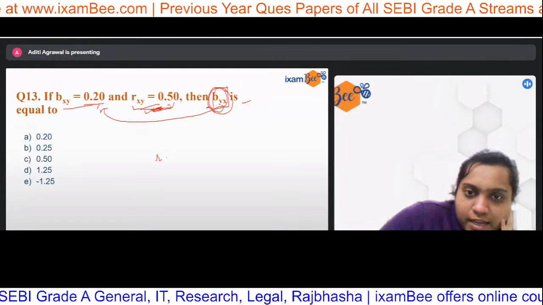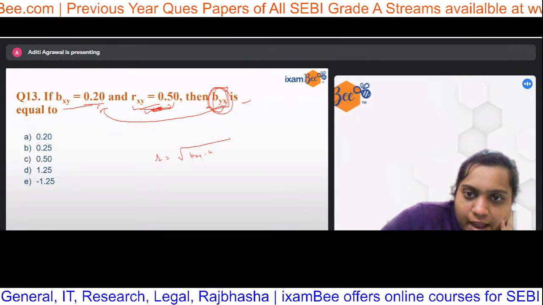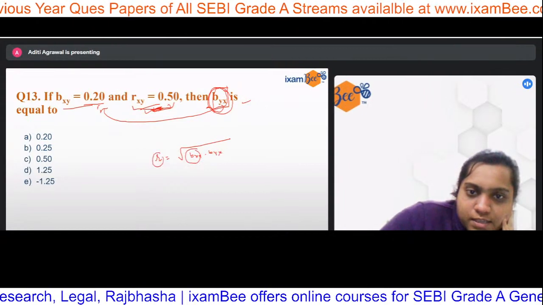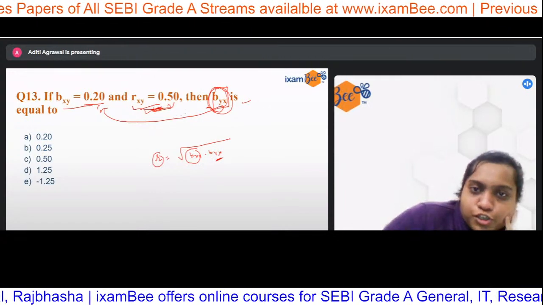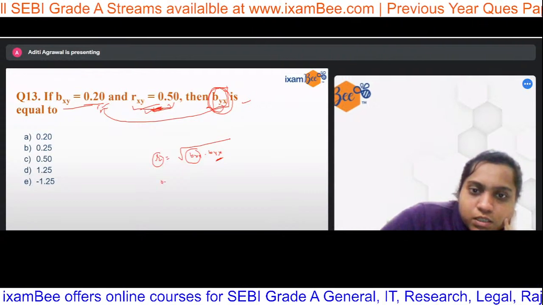We know that r is the geometric mean of bxy and byx. This value is given, this is given to us, and you need to find this. So when you put the values of 0.2 and 0.5 here.